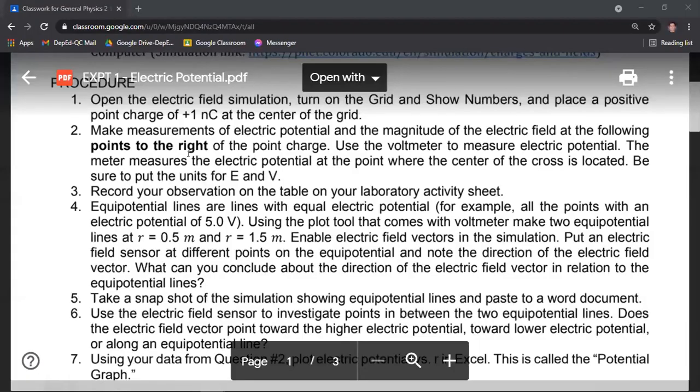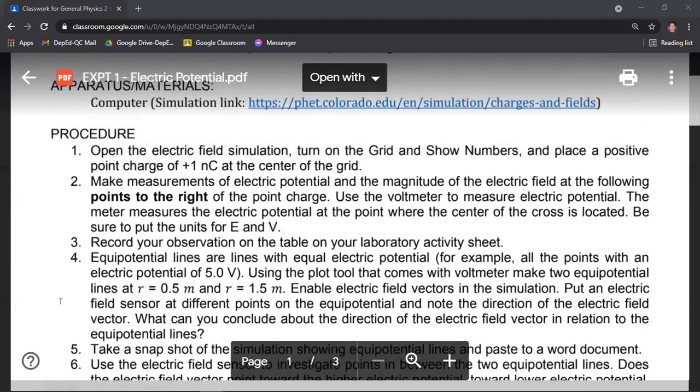So we have here the procedure. Number 1, open the electric field simulation, turn on the grid and show numbers, and place a positive point charge of 1 nanocoulomb at the center of the grid. Number 2, make measurements of electric potential and the magnitude of the electric field at the following points to the right of the point charge.